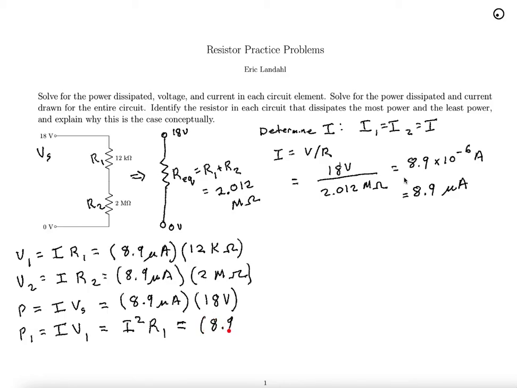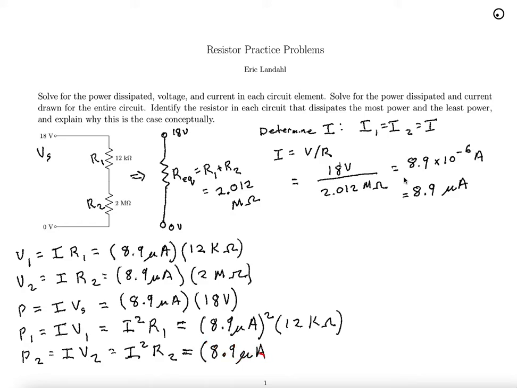It's 8.9 microamps squared times 12 kilo ohm, and P2 is I V2, or I squared R2. 8.9 microamps squared times now the bottom resistor value of 2 mega ohms.